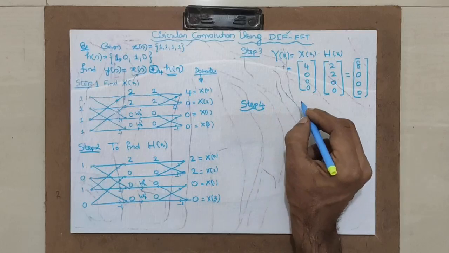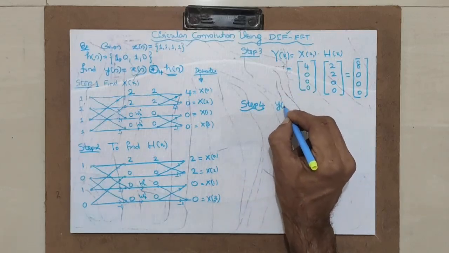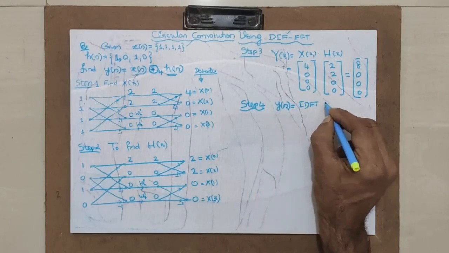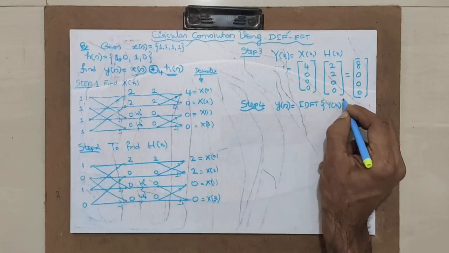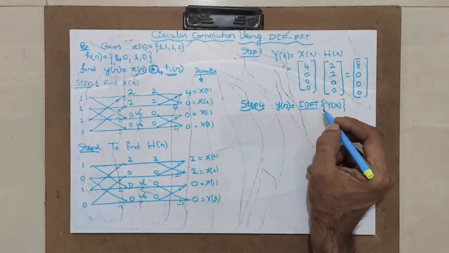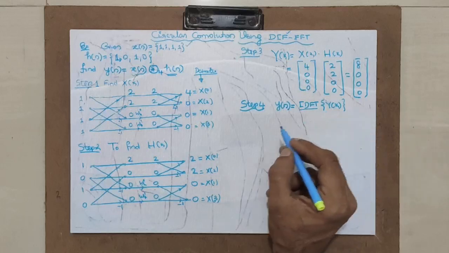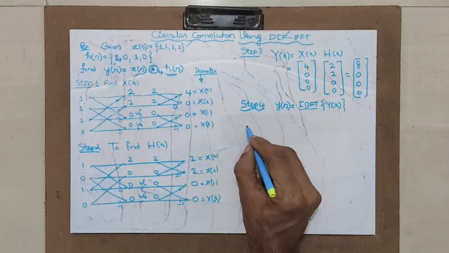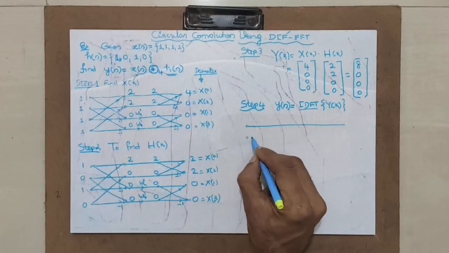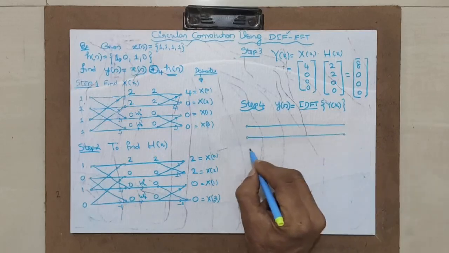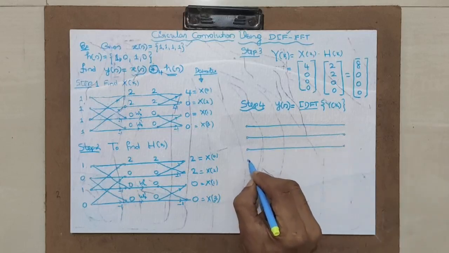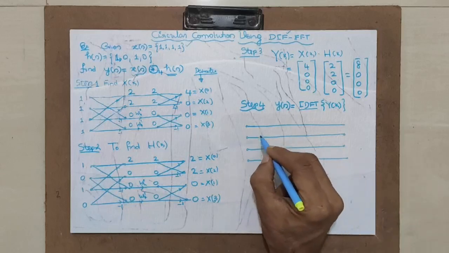What is step 4? You have to find y of n, which is equal to IDFT of y of k, conceptually. Now I have to apply IDFT algorithm. What will I do? I will again draw 4 straight lines.